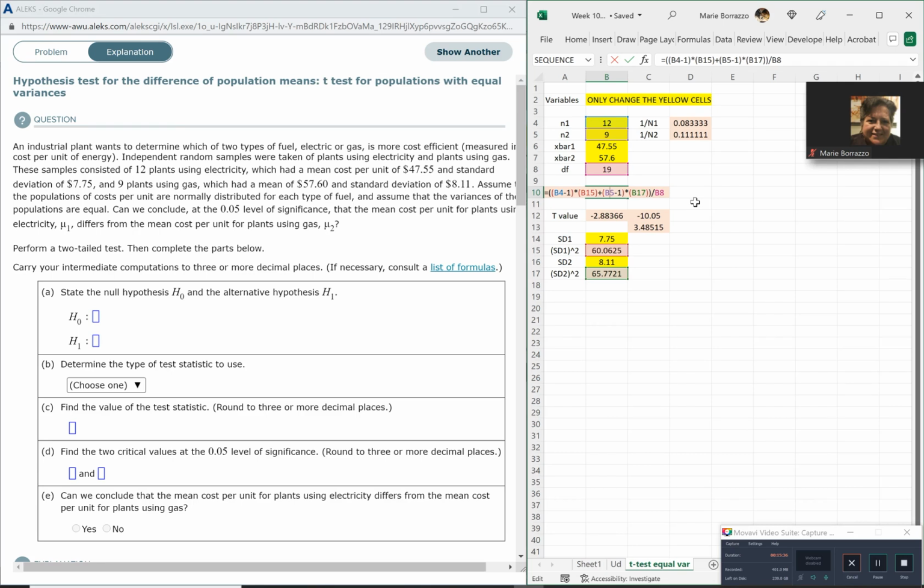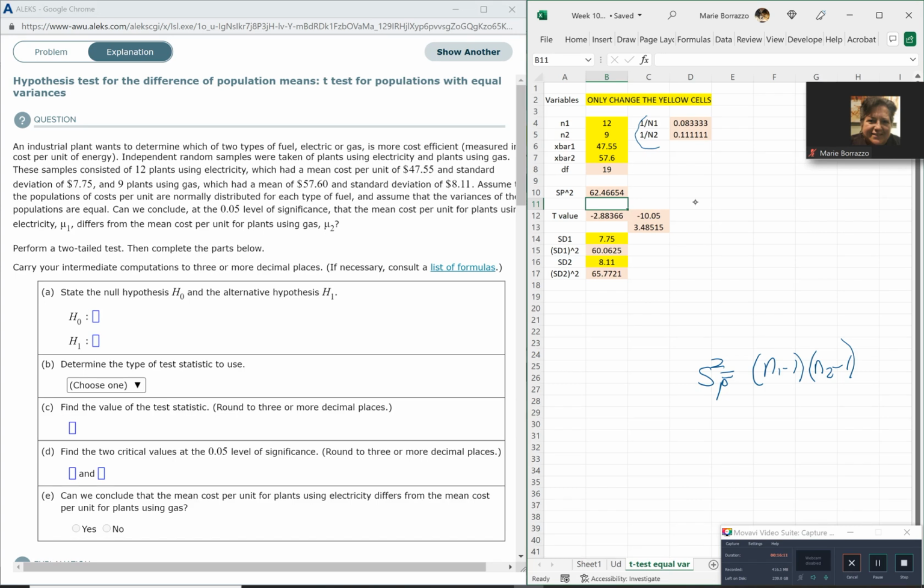So let me tell you what each of these means. You obviously know sample size 1 and 2. You understand x bar 1 and 2. In this formula, you see we use this 1 over n1, and that's because this S squared P has this formulation where it's basically the n1 minus 1 times n2 minus 1.